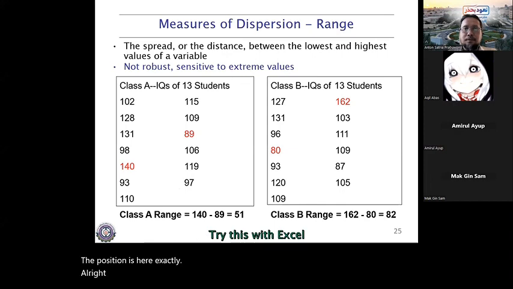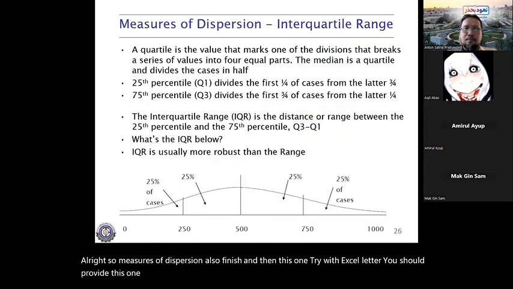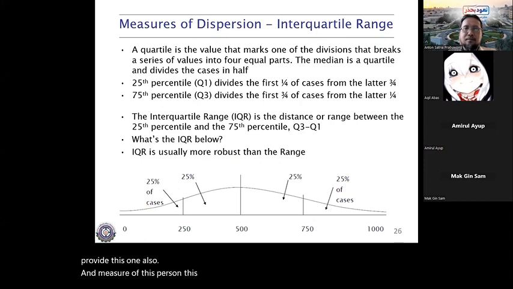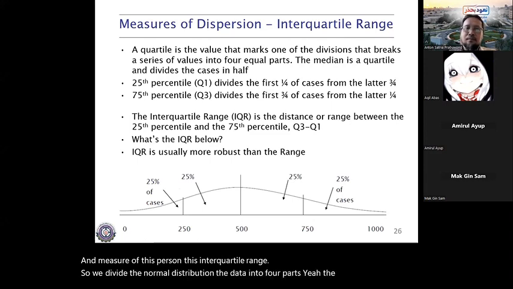So measures of dispersion are also finished. Then this one, try with Excel later. You should provide this one also. And a measure of dispersion is the interquartile range. So we divide the normal distribution, the data, into 4 parts: Q1, Q2, Q3, and Q4.